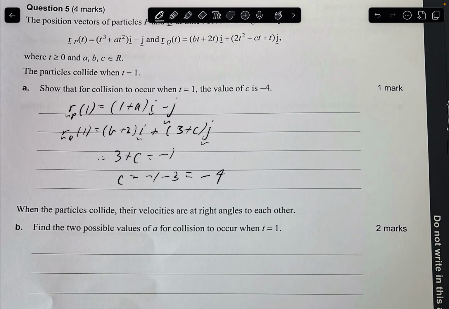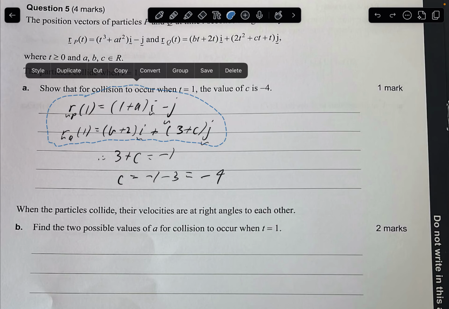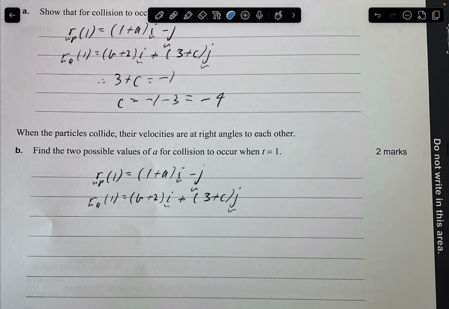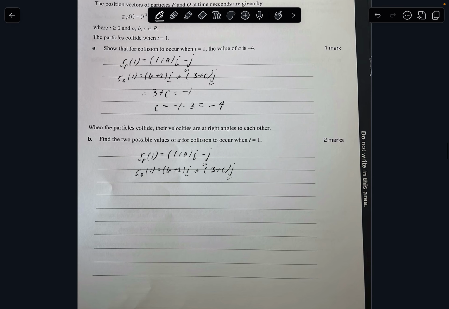So when t equals 1, as we said, I'm just going to copy and paste these. And also the velocities are at right angles to each other, so the dot product of the velocities is equal to 0.